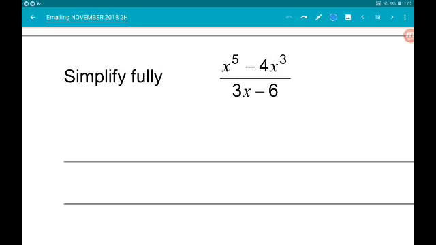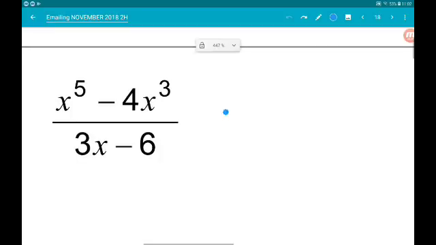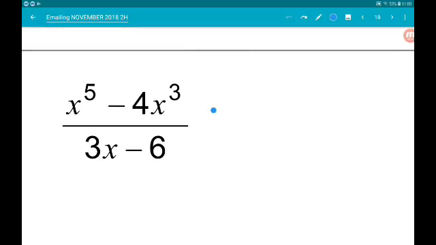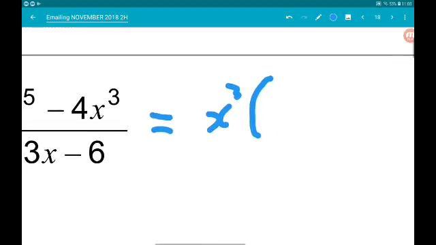So, let's see what common factors we can see. So, up on top, the highest common power of x is x cubed. So we can say the top is x cubed times x squared minus 4.